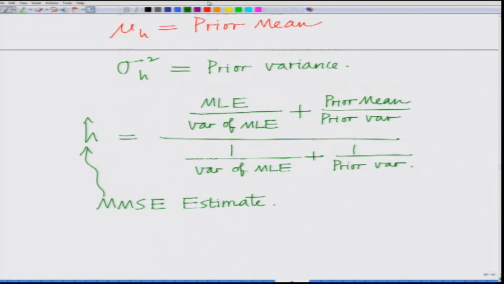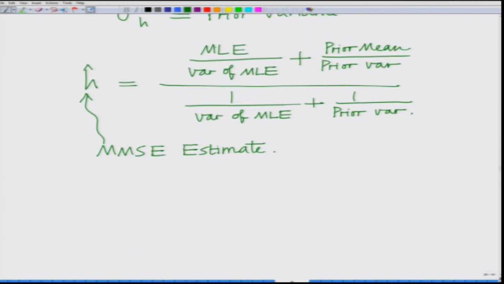So this is a beautiful interpretation, and there are several interesting implications of this. For instance, let us say the variance of the maximum likelihood estimate is very small, it tends to 0.